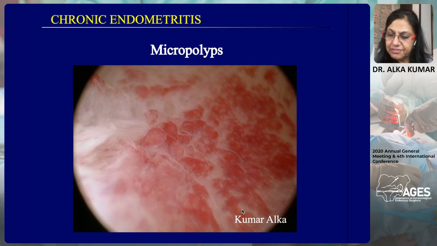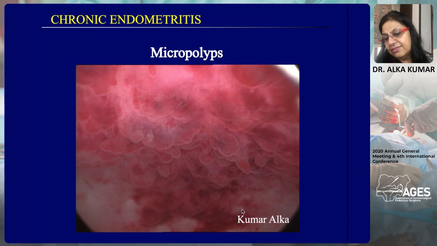This is one of the cases wherein all four features of chronic endometritis are visible. You have the micropolyps, you have the strawberry-like appearance, you have the stromal edema, and you have the undulating endometrium as well. These are micropolyps in bunches from the anterior wall. You can see how angry looking they are, and they are very small, tiny polyps.